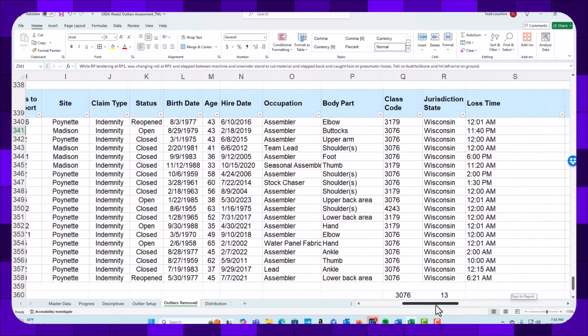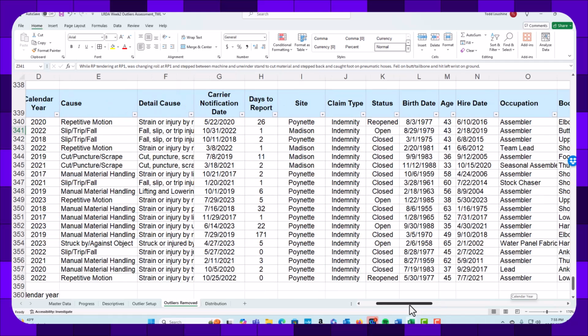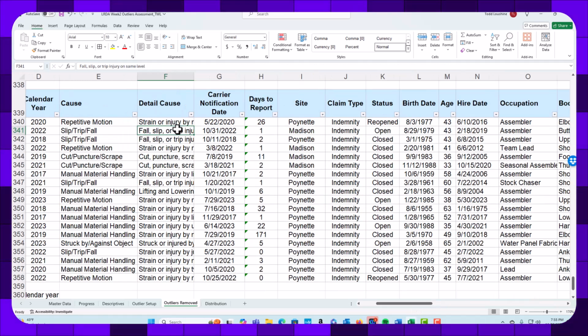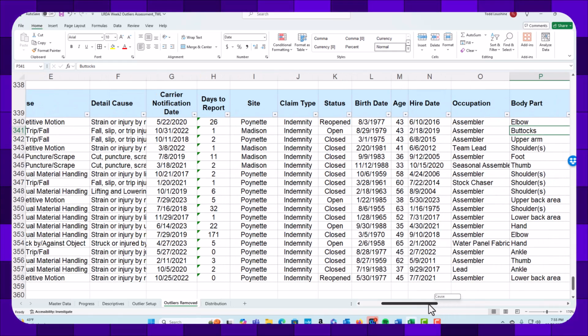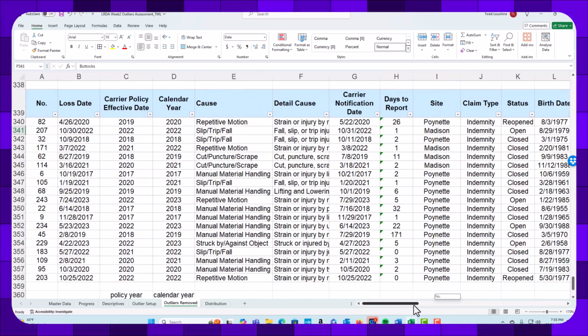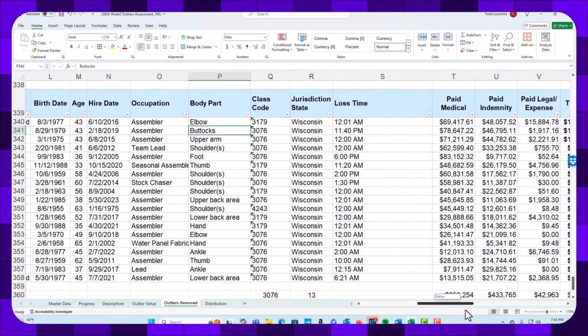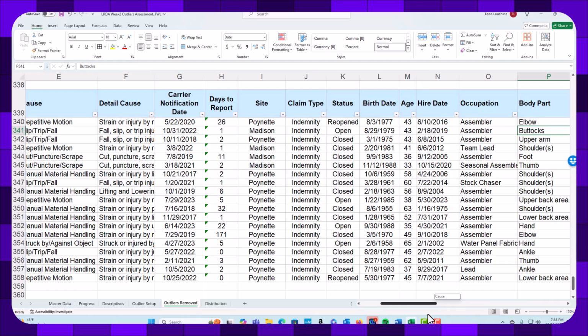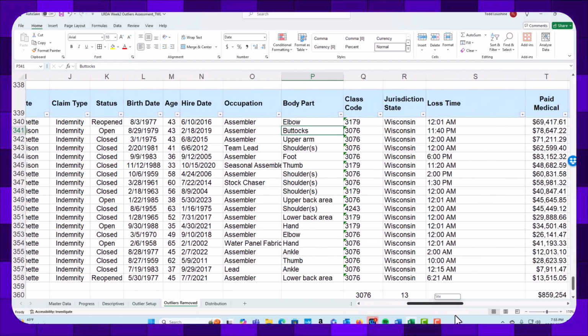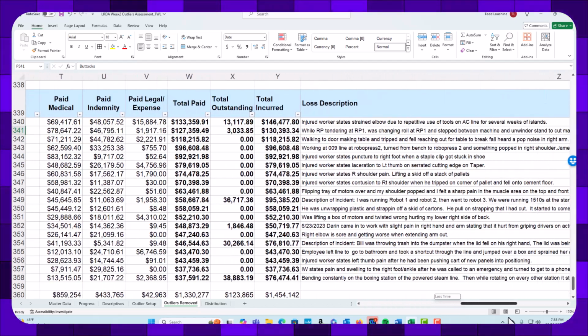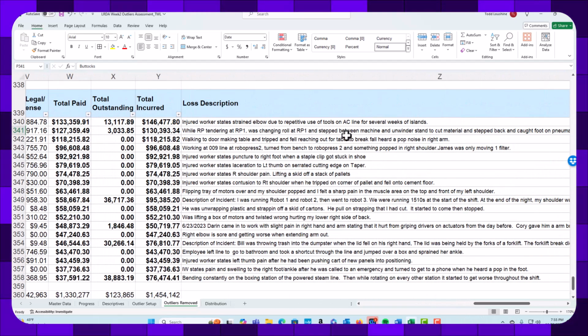Body part, buttocks. It's a slip, trip, and fall. Okay, so they tripped over something, and then they incurred, I don't know, is there a nature of injury here or no? I guess not. It's open. Buttocks. Okay, they tripped.